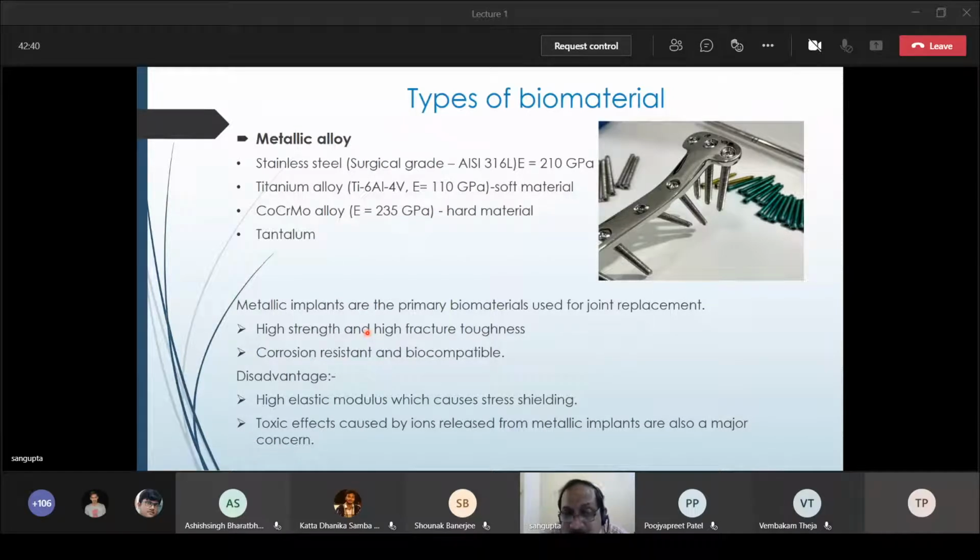The disadvantages are basically high elastic modulus. You have seen that it may cause stress shielding and adverse bone remodeling. And there are toxic effects caused by metal ion release when two metallic components articulate. Okay, that is a very recent problem that has been observed with metallic implants.